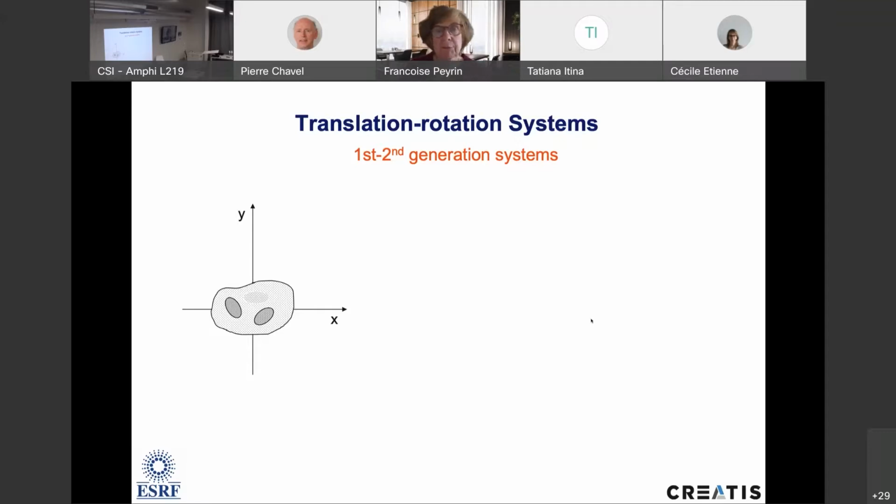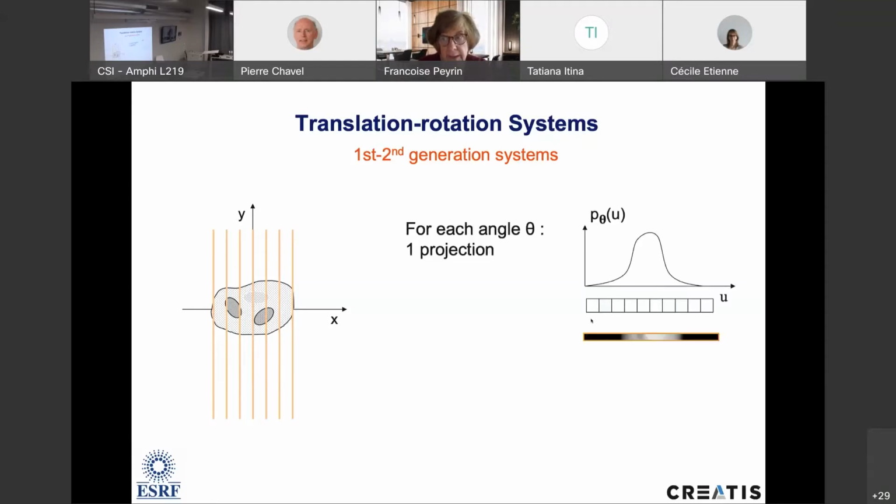What you see in this image is just a slice of the anatomy that we want to recover. And you use an X-ray beam, each beam represented in red, that will allow to acquire a measurement from the slice. And this measurement will be the attenuation along the line.